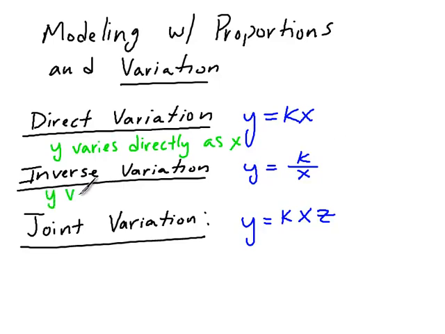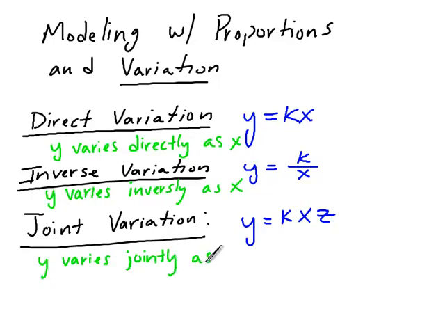This one says y varies inversely as x, and this one says y varies jointly as x and z. So those are the basic formulas that go with all the types of variation that we'll learn. And in a story problem, as it says y varies directly as x, you should think in your head very quickly y equals kx.